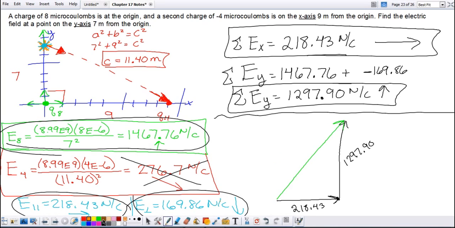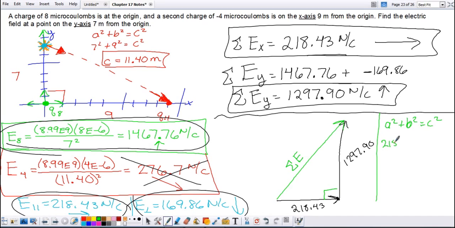Okay, so now we are ready to use the Pythagorean theorem to find the net electric field in this triangle here. If you look at this, I've got a right triangle, and that is the hypotenuse, so I can solve using the Pythagorean theorem. A squared plus B squared equals C squared.